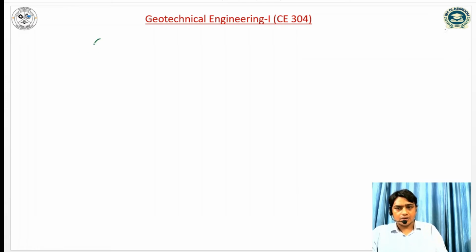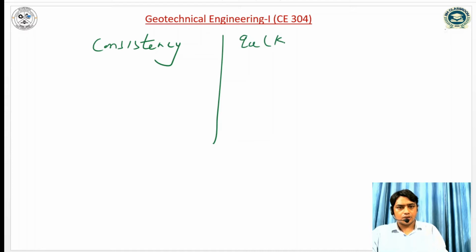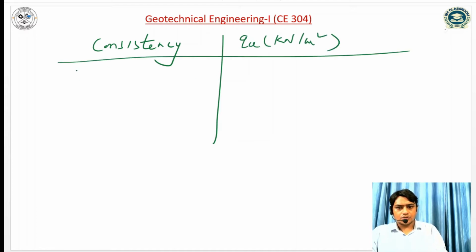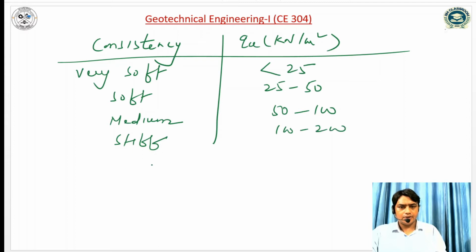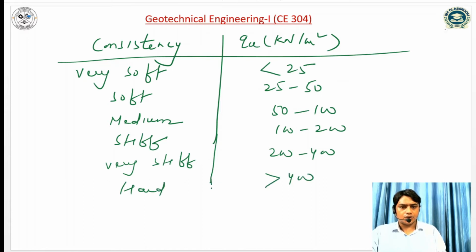If I correlate consistency and unconfined compressive strength, qu in kilonewton per meter square: if the consistency is very soft, then the value is less than 25; soft, 25 to 50; medium, 50 to 100; stiff, 100 to 200; very stiff, 200 to 400; and hard, greater than 400 kilonewton per meter square.